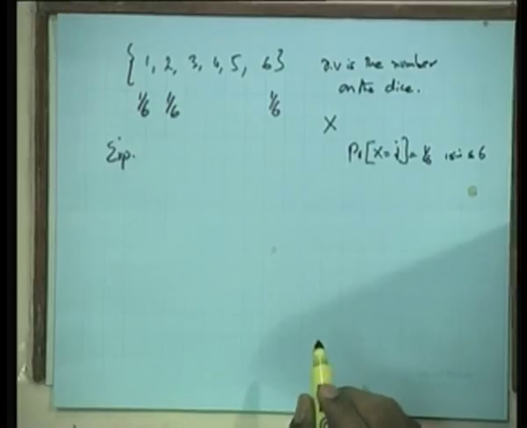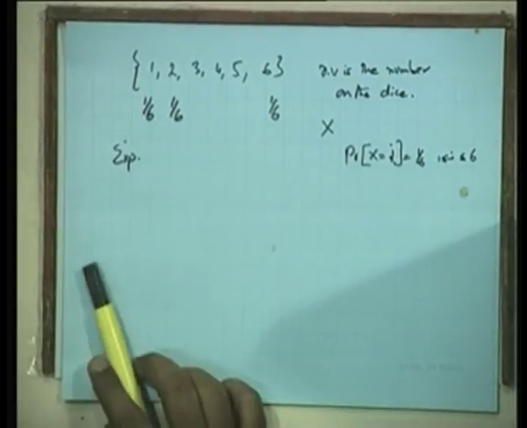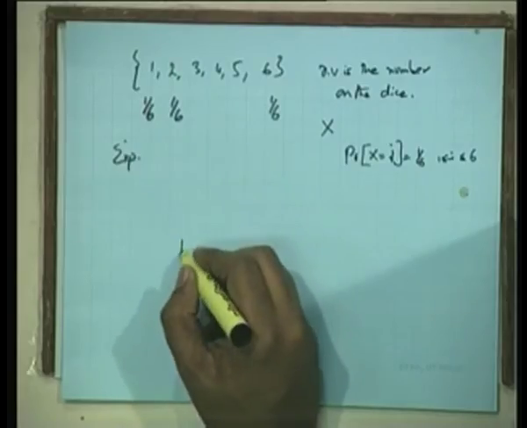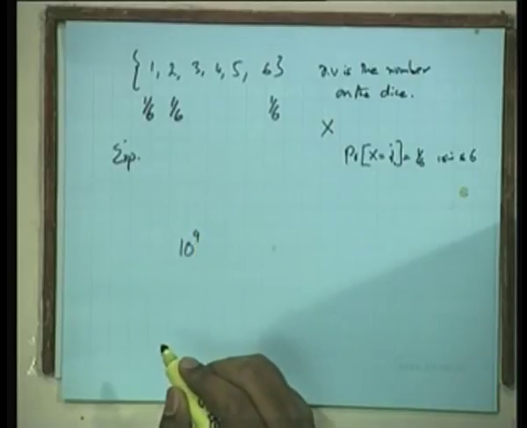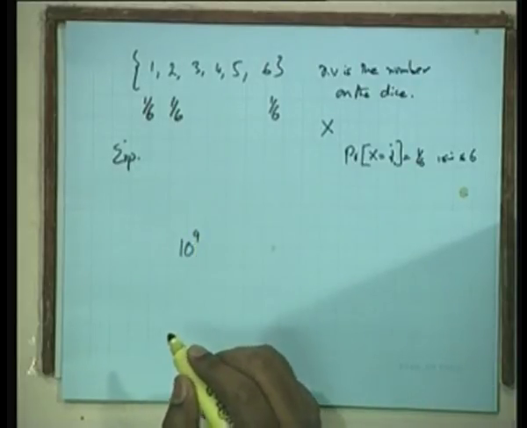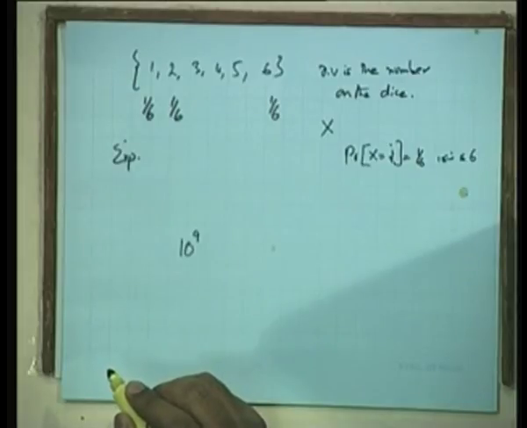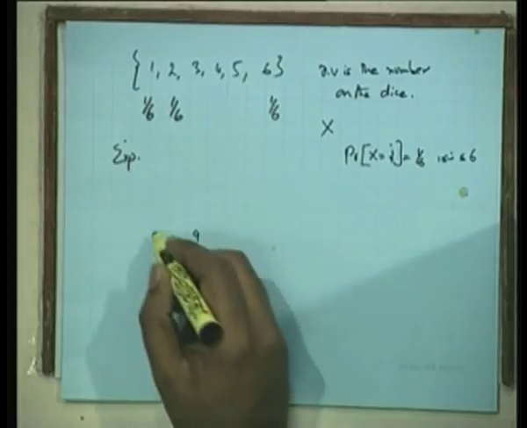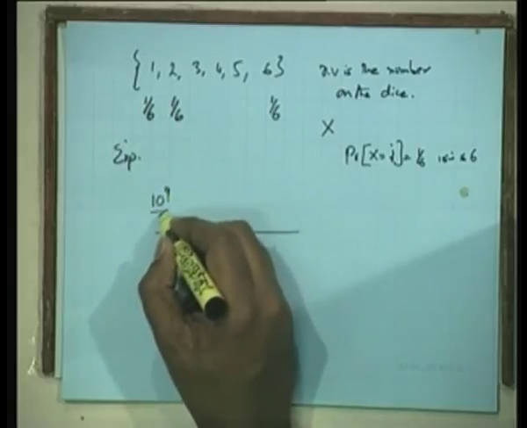Okay. Now what is expectation? Think of the expectation as just the following. You keep throwing this dice and keep recording the outcome. Keep doing this forever, and then just take the average. Suppose you threw this dice 1 billion times, how many times are you going to see a 1? 1 billion by 6 times.